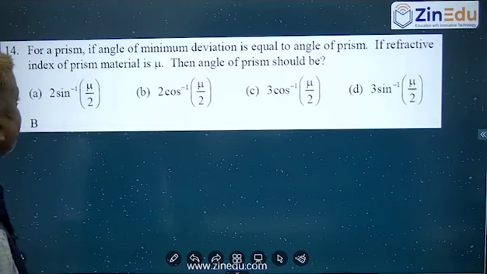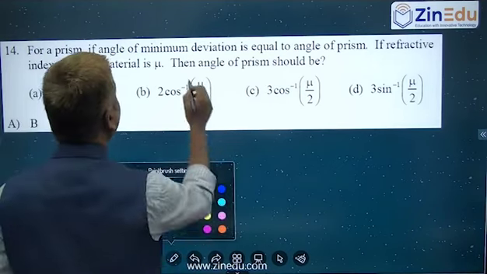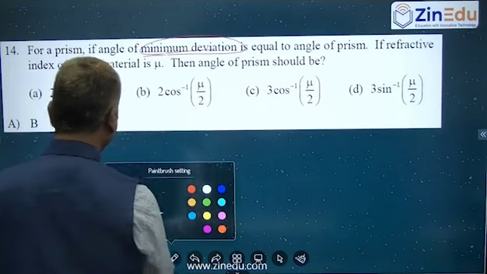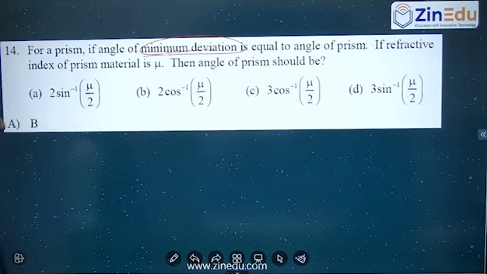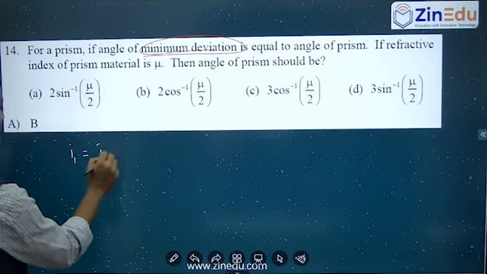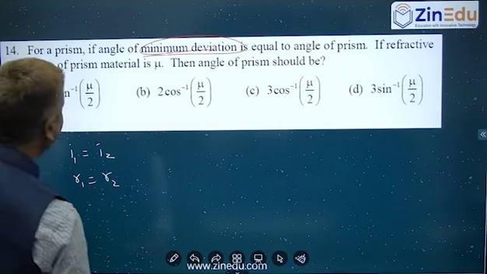That's what they're asking. So here we are talking about the minimum deviation. What things do you know about minimum deviation? At minimum deviation, we know very well that I1 is equal to I2 and R1 equal to R2. And they have also given this minimum deviation.